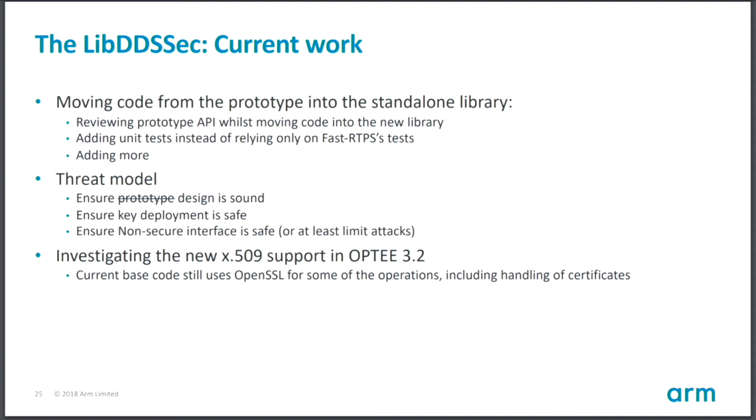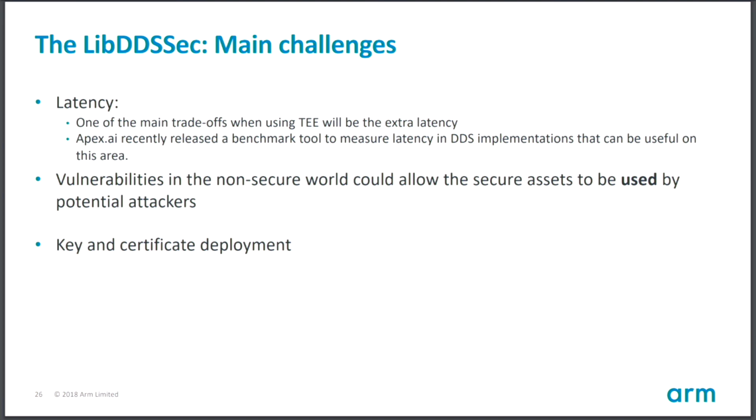Another important work that is still ongoing is to use the new OPT, which was released recently and has support for certificates. So we can really move everything into the TE environment. The main challenge, probably latency, is going to be one of the main problems to be solved, or one of the main trade-offs of doing it this way, because there is now the extra step of going to the TE and doing everything in that environment.